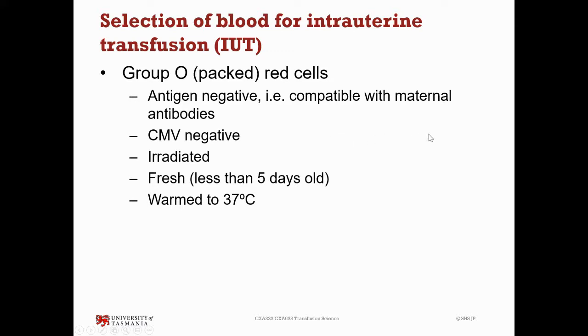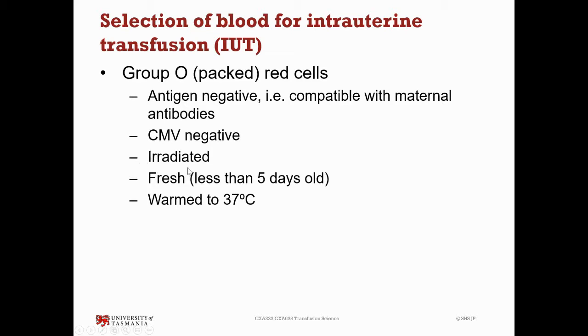And of course, the reason we do that is because there are no ABO antigens on those red cells. We also, if the mother has got an antibody, which usually they do, we make sure that the cells that are transfused to the fetus are negative for that antibody. We make sure they're CMV negative because we don't want to give cytomegalovirus to the baby.